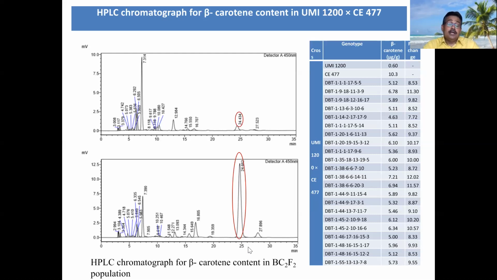With this fast performance HPLC, it is detected by the 25th minute peak. These are the earlier lutein and other fractions, but the fraction you are differentiating at the 25th minute is the beta carotene fraction. So you can see the peak itself. The area of the peak is compared to the standard and converted to how much beta carotene is there.